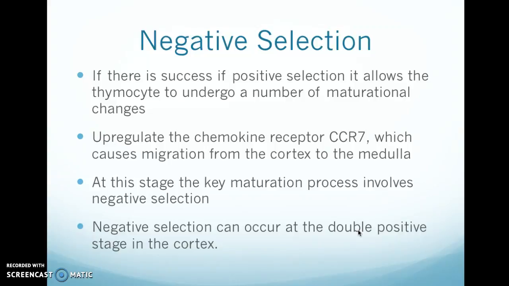So if there was a problem in negative selection, that can be a reason for autoimmune disorders or diseases. It is likely that most negative selection occurs through a process known as clonal deletion, where high affinity TCR interaction directly induces apoptosis signals. If there is a signal for clonal deletion, that's basically apoptosis.